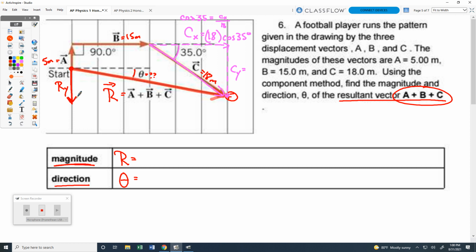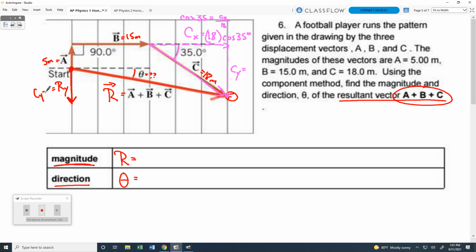RY should be equal to CY, because it's in the same direction, minus this A, minus this 5 meters. Why am I subtracting A? Because it's in the opposite direction. So RY should be equal to CY minus A. That will give me a number for this side of the triangle.